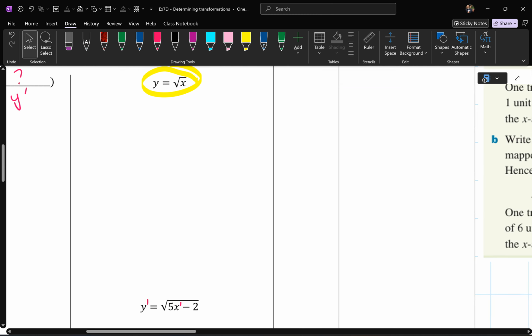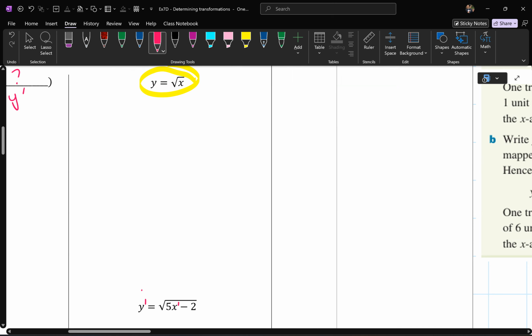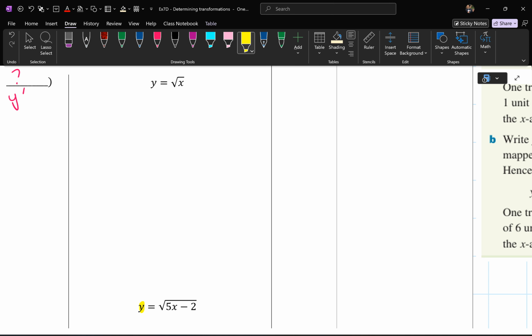Let's go backwards. So here, what you need to look at is this is now your new y and all of this is your new x. Now we're doing a comparison. We look at the two. Can you see how this one has a root and then there's something inside the square root?